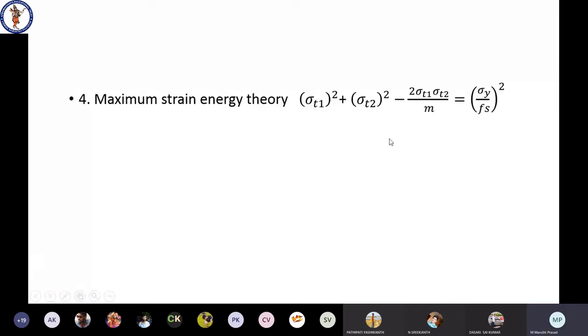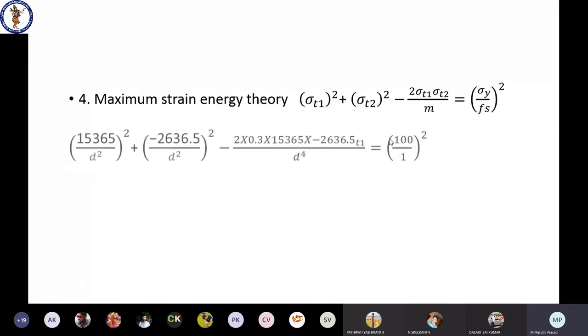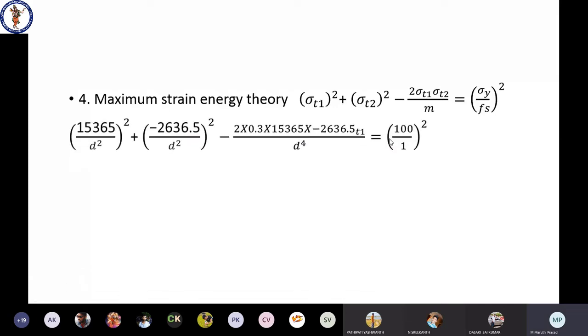We simply substitute the values of sigma T1, sigma T2 as well as sigma Y, substitute the values and simplify, and you can get the diameter of the bolt. So the diameter becomes some 12.78 mm.